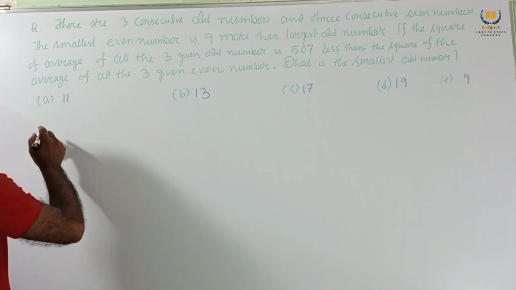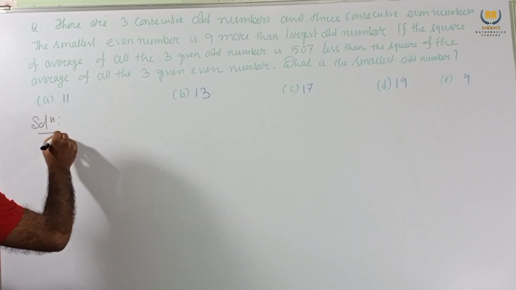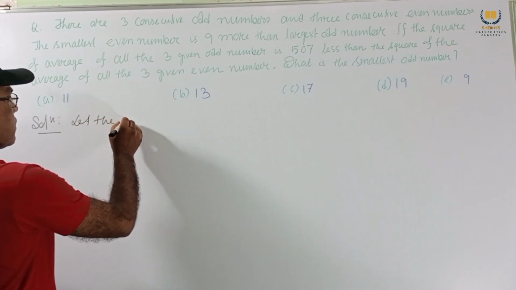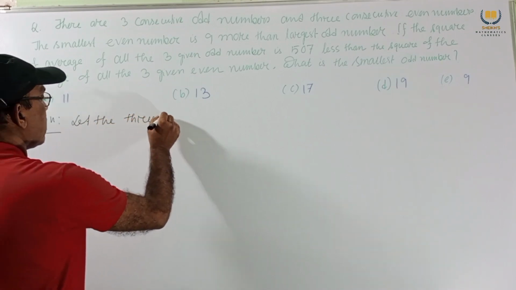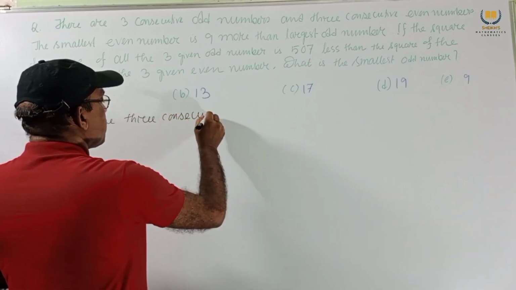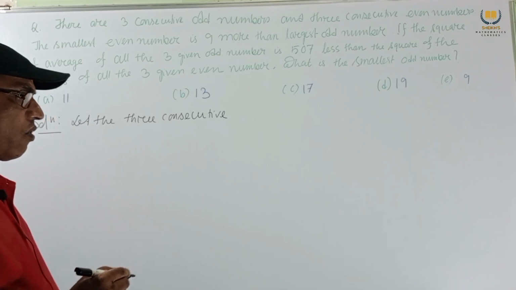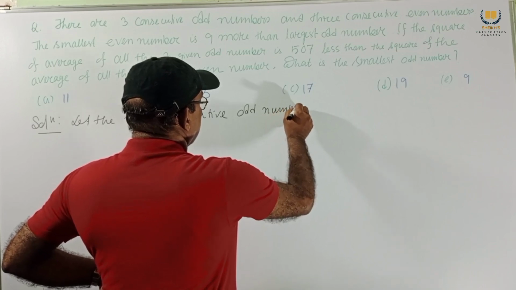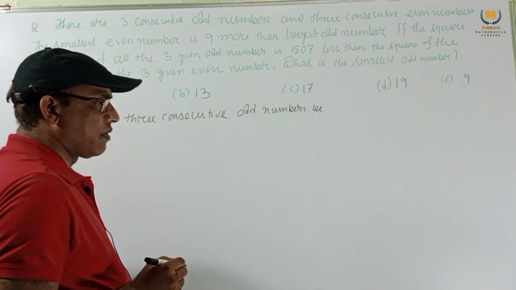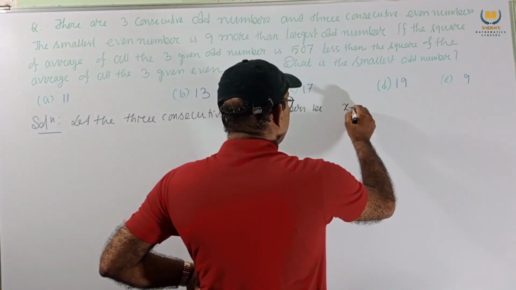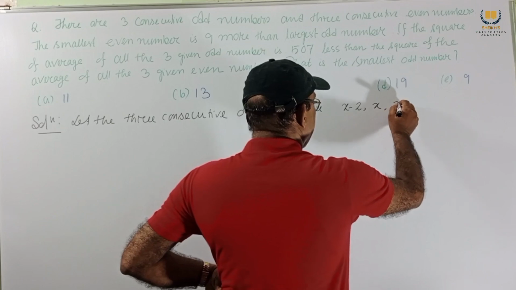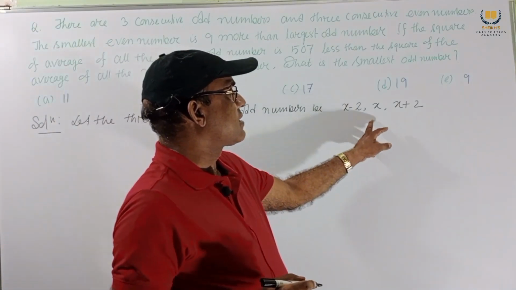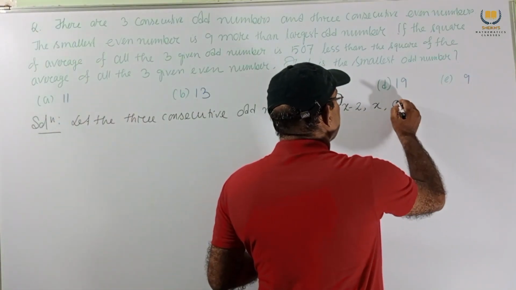First we consider the odd numbers and even numbers. First, for the given odd numbers, let the three consecutive odd numbers be x minus 2, x, and x plus 2.